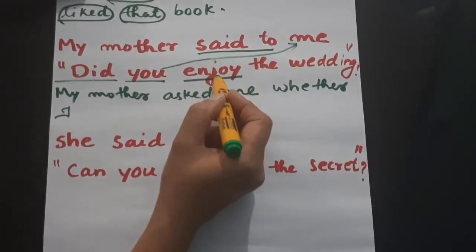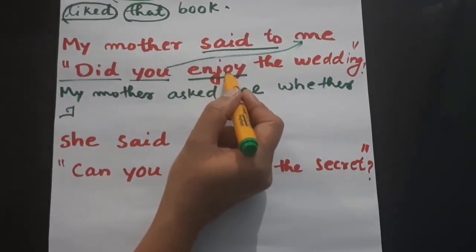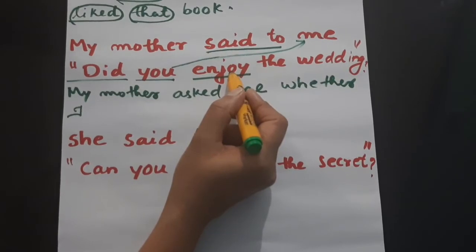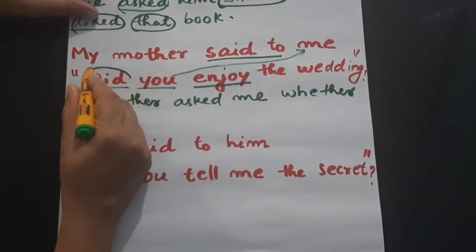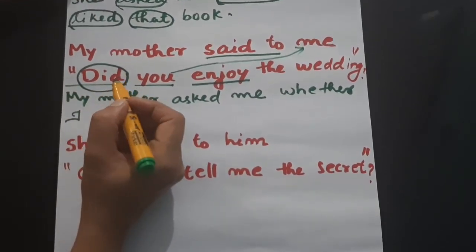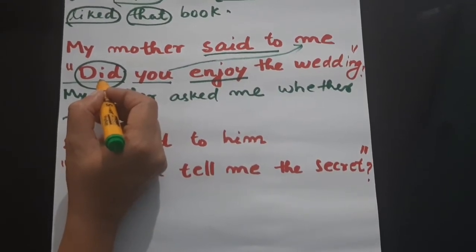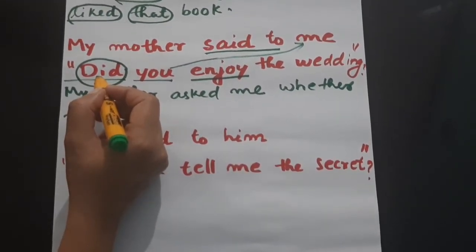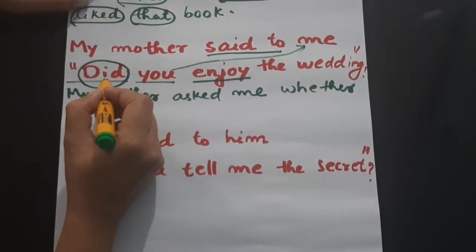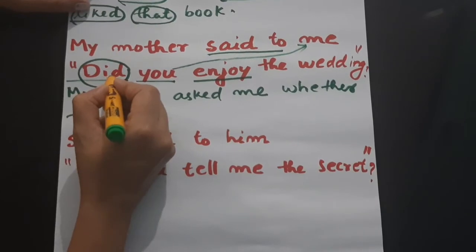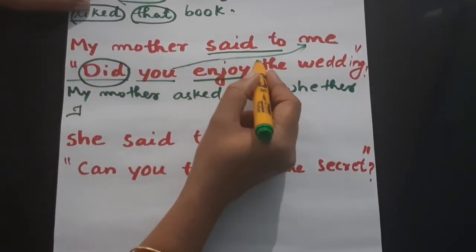It is enjoy here. At first glance you may think that this is simple present tense, but no. See, you have the auxiliary did here. I told you that if you get do, you can simply neglect that, but it is not so in the case of did. If you get did, did plus enjoy will make it enjoyed.